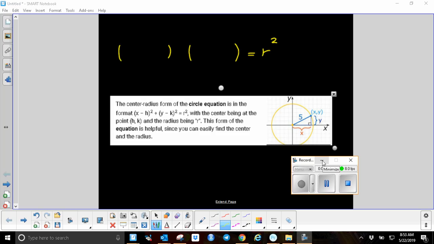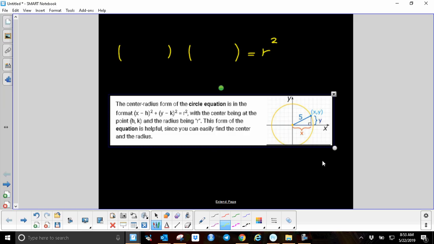But here is how it looks. If you have a circle, R is here. Instead of R, what do I put? R squared. X is the distance to that end point, and Y is that.